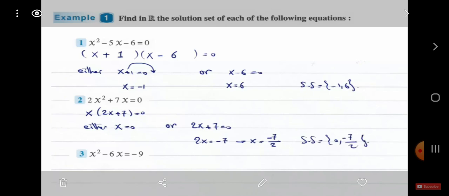Then x(2x + 7) = 0, since 2x² divided by x equals 2x and 7x divided by x equals 7. Then x may equal 0, or 2x + 7 = 0, so 2x = -7, then x = -7/2. The solution set for x is 0 and -7/2.